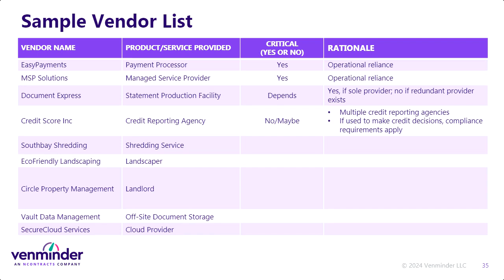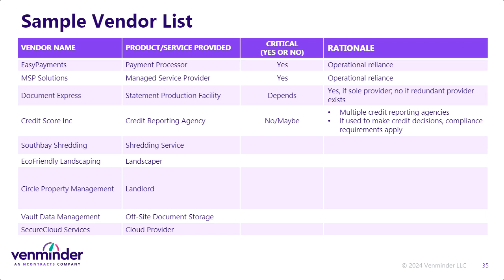Okay, Credit Score Inc. is a sample credit reporting agency, and this is another vendor that might be critical depending on some different factors. If a financial institution is using Credit Score as the only agency to make credit decisions, and there would be a lot of time and effort needed to replace this vendor, then yes, they would likely be considered critical.